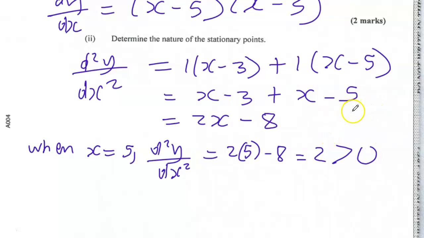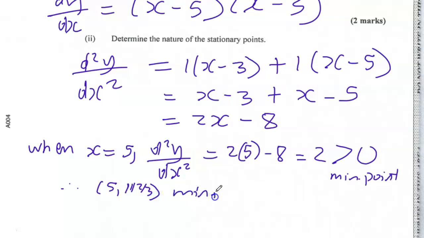So therefore, when x is 5, this would be a minimum point. The point was (5, 11 2/3), so that would be a minimum, since the second derivative is greater than 0.